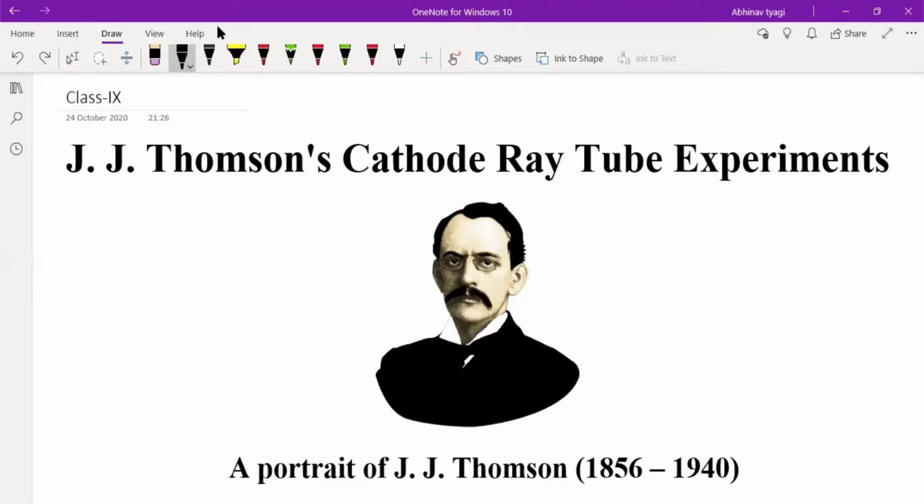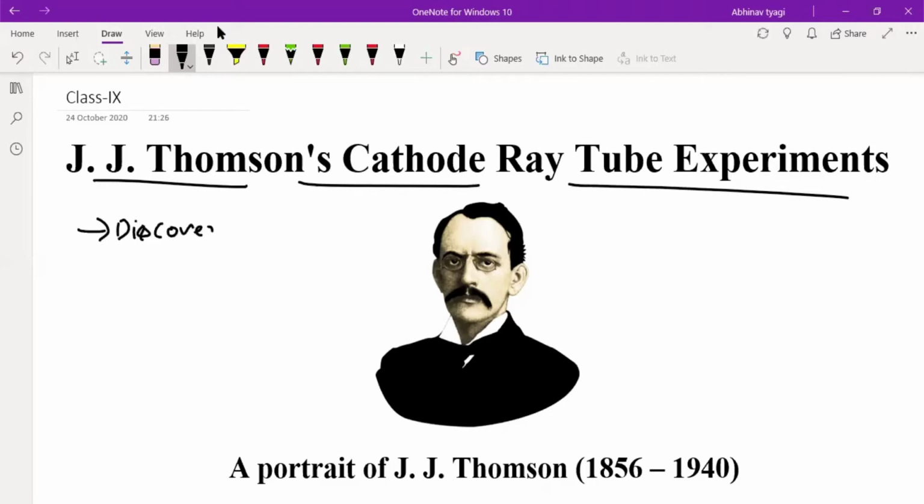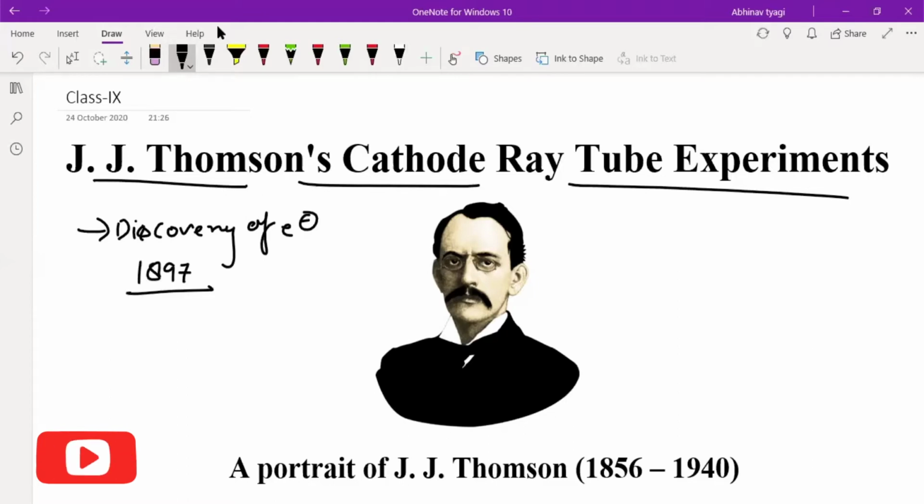Today we are going to study J.J. Thomson cathode ray tube experiment. Sir Joseph John Thomson was a British physicist and Nobel laureate. He was well known for the discovery of electron. Dear students, in 1897, he showed that cathode rays were composed of a very small negatively charged particle.